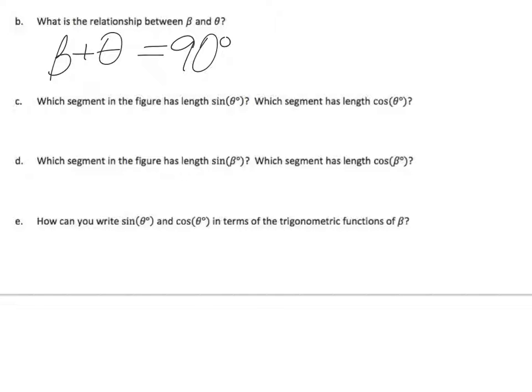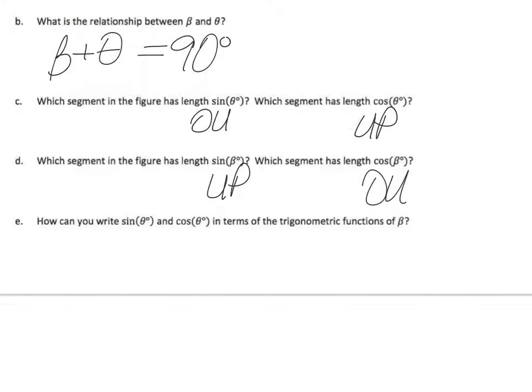Which segment in the figure has a length sine theta? Sine theta would be OU, just looking at that diagram again, and cosine theta is UP. What segment in the figure has the length sine beta? That would be UP, and we'll see how we're just trading places.